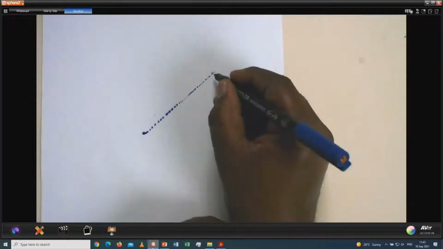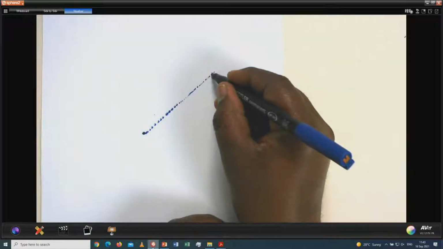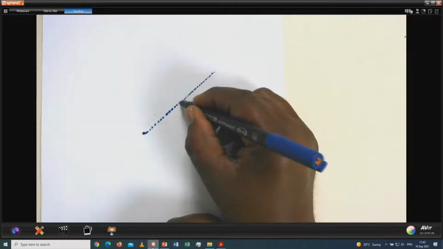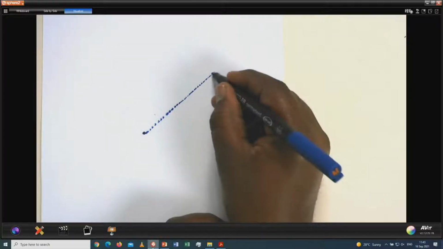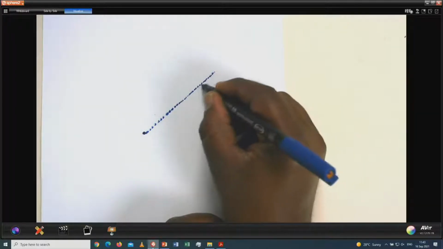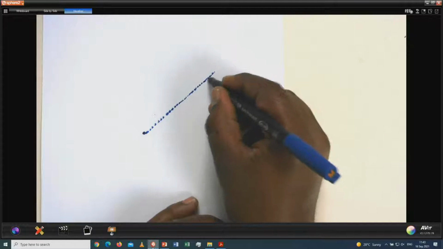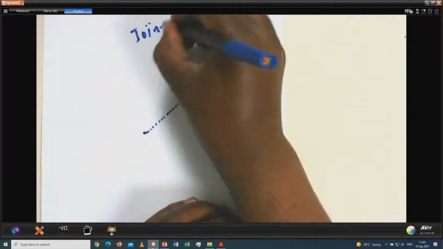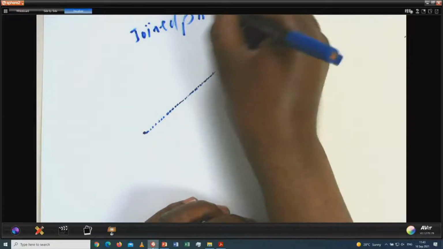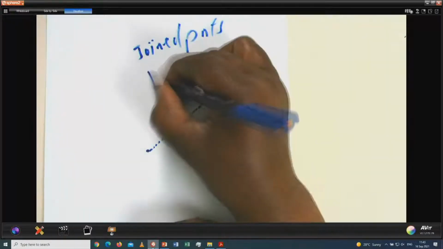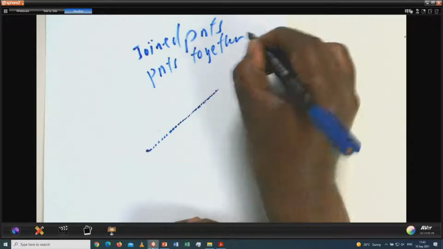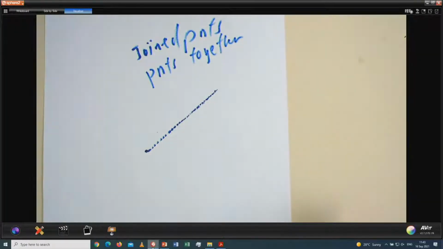So, in short, you can say I drew a line, or joined points together.